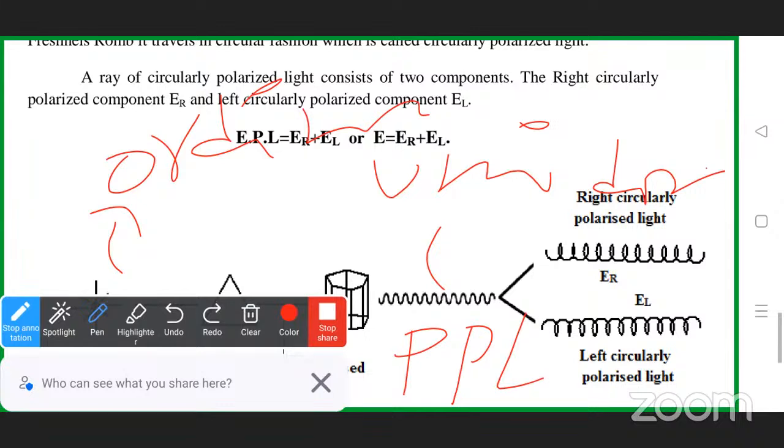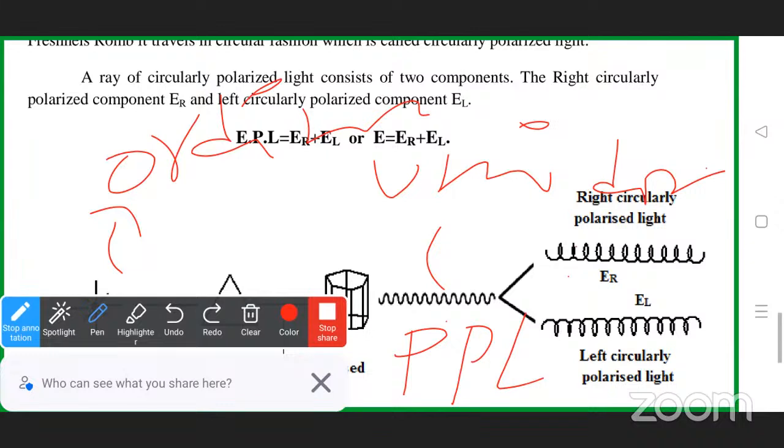When this PPL passes through the polarimeter, which is filled with a particular compound, the light will be rotated either towards the left side or the right side.